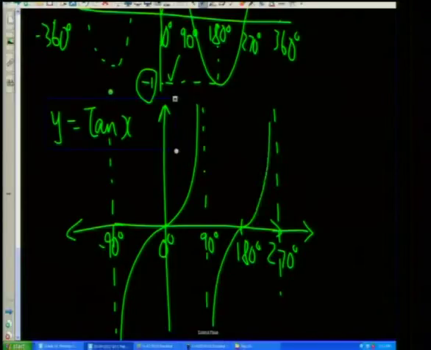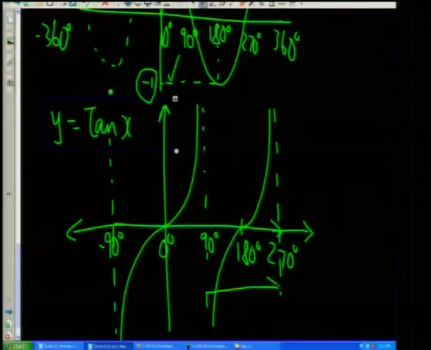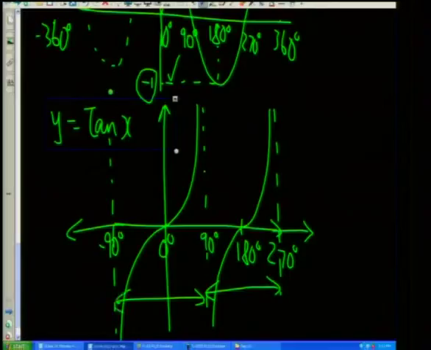Down and up. So between every odd multiple, as you can see, this graph repeats itself. Between 90 and 270 is 180 degrees, so that shape repeats itself every 180 degrees. From minus 90 to 90 is 180 degrees again.